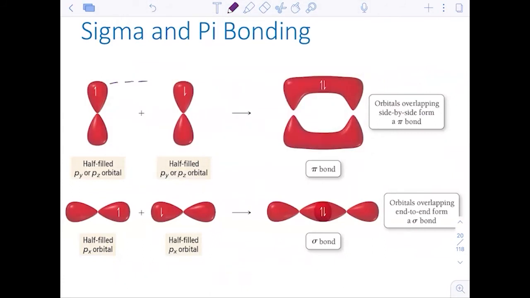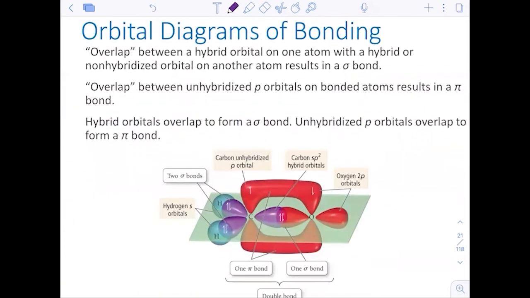Again, pi bond, hey, high school, I see you. Maybe we stand and talk for a little bit. Sigma bond, now we're actually holding hands. And we have that Venn diagram going on. So we can start to identify the two different types of bonding once we see a double bond.